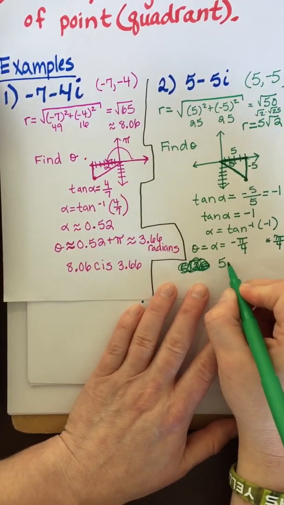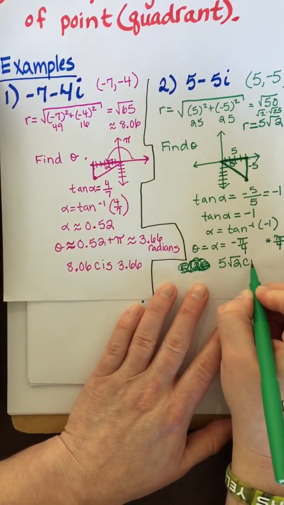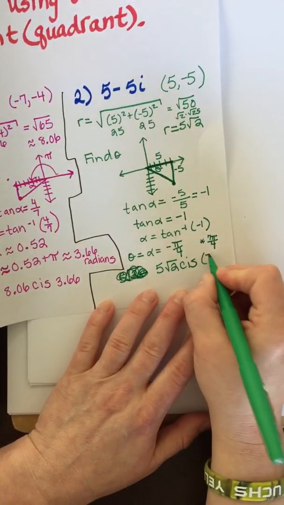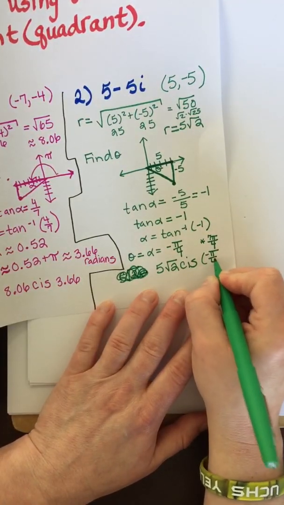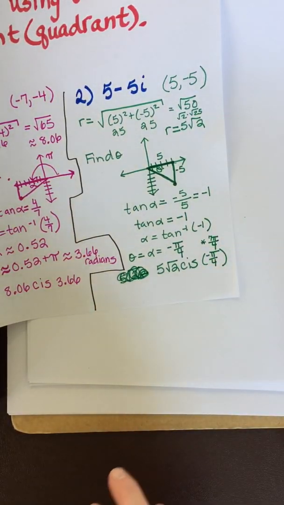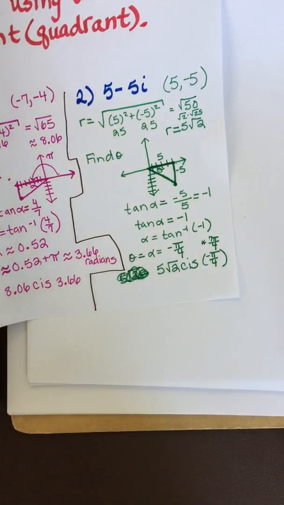Sorry. 5 square root of 2 cis negative pi over 4. And like I said, this could be 7 pi over 4. They might approximate that as a decimal. All that stuff's good. Okay. We're good. Let's move on to the next part.